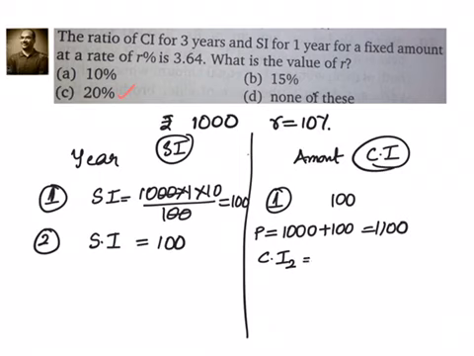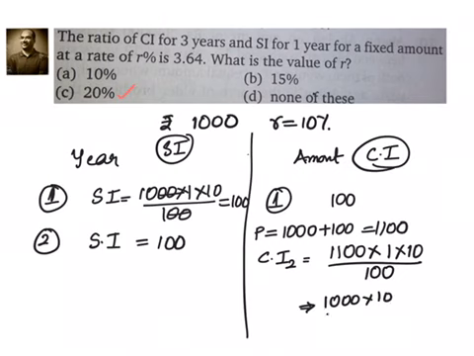That is equal to P 1100 into T, that is 1, into R divided by 100. Now if you observe carefully, this is nothing but 1000 into 10 by 100 plus 100 into 10 by 100. I can write 1100 as 1000 plus 100.